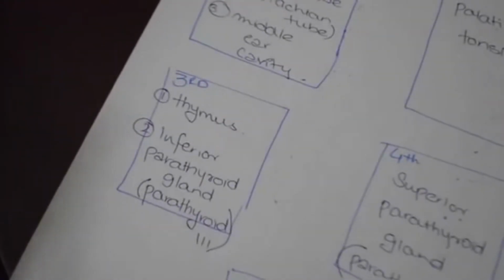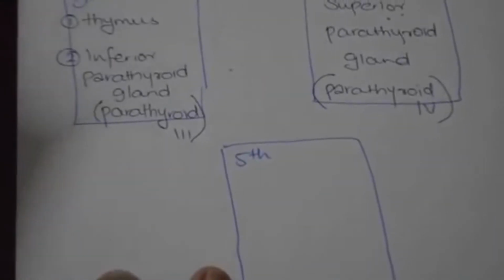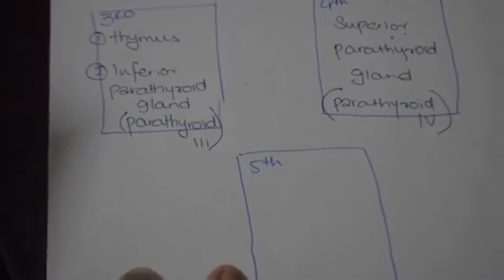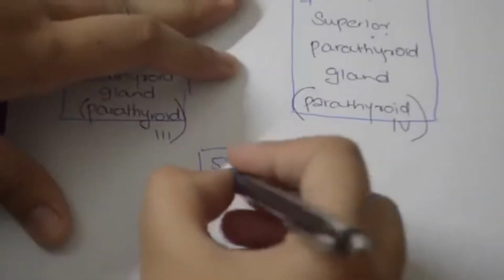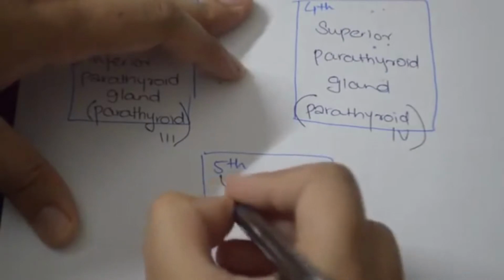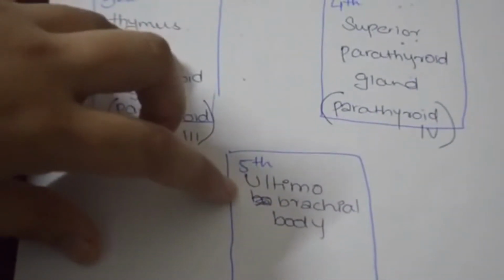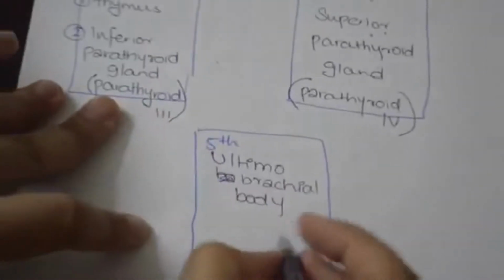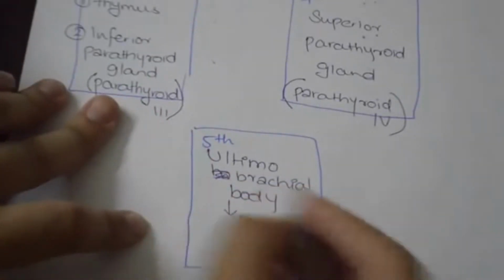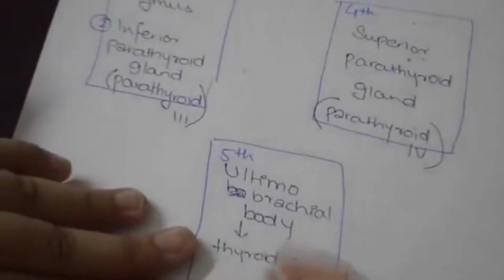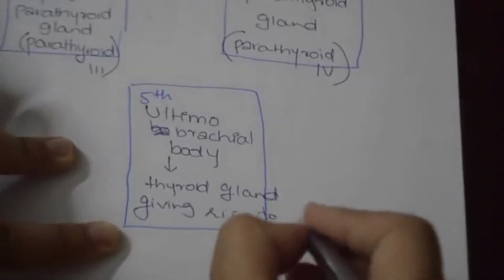Okay. Moving forward to the fifth pharyngeal pouch. What does the fifth pharyngeal pouch form? It forms the ultimobranchial body, and this ultimobranchial body, which is formed by the fifth pharyngeal pouch, later incorporates into the thyroid gland, giving rise to C cells.